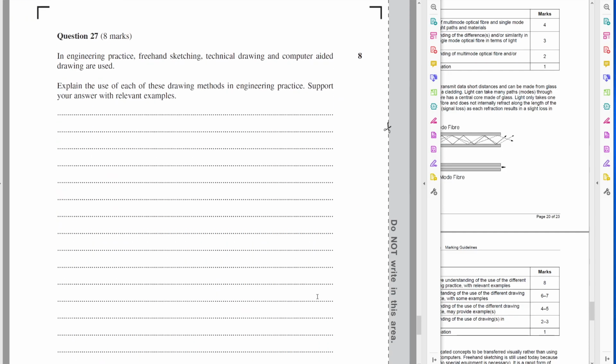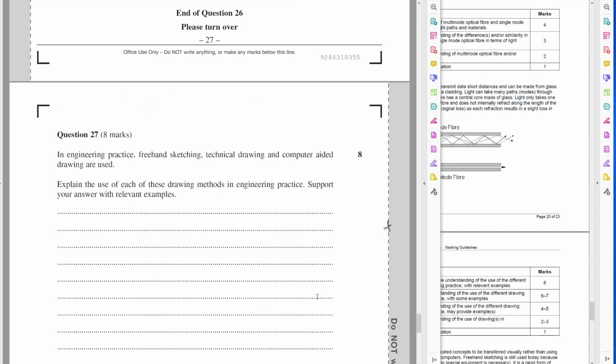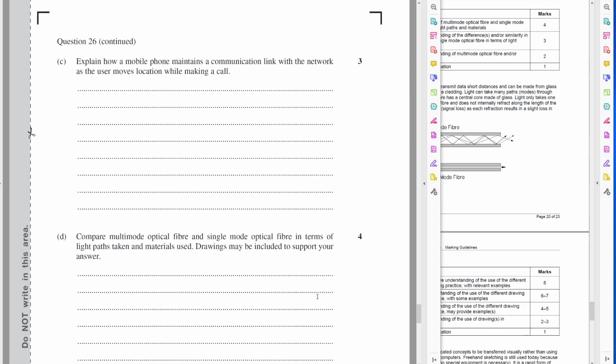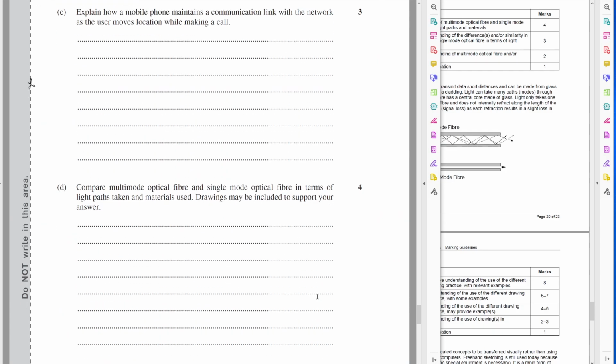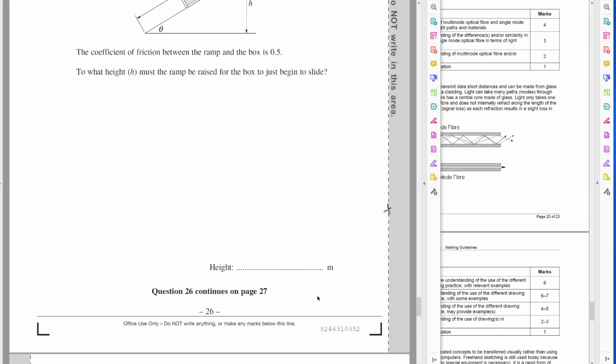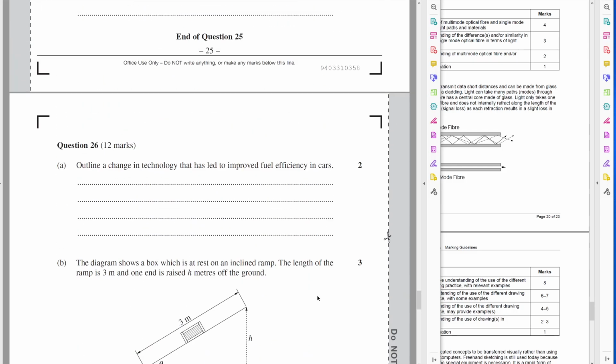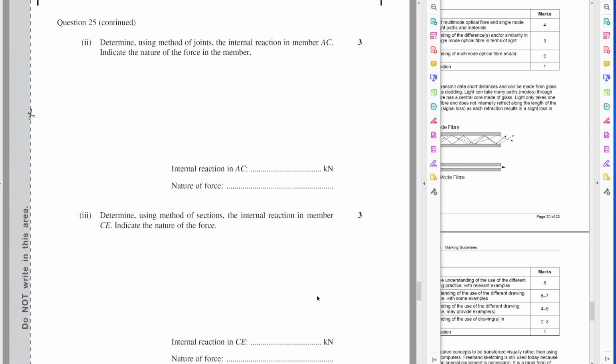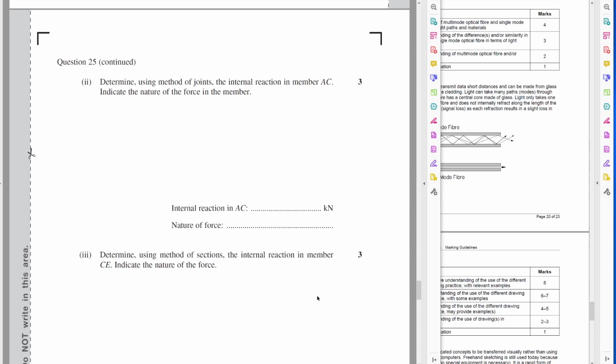Okay, so the talk amongst engineering markers was, how many people got that question? 26D answered horribly. Less than half the people got it. And cell phones answered horribly. Less than half the people got it. What was the other one? 25B2. Let's have a quick look. Oh, okay.